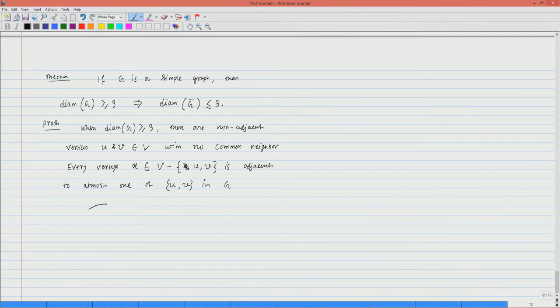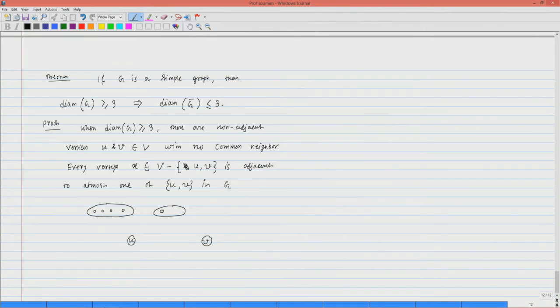Now we think about the other vertices except u and v. Suppose these are the other vertices and u and v are here. So, this is u, this is v, and we look at the relation of other vertices with u and v.